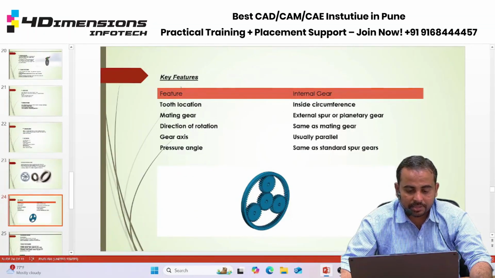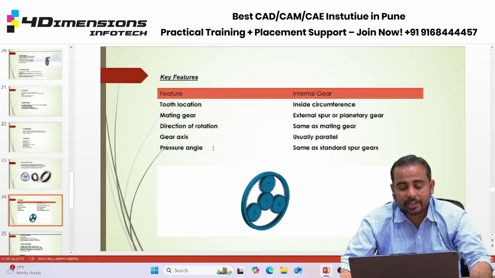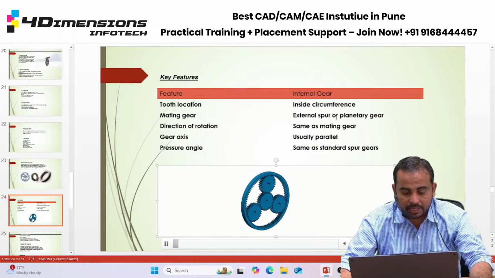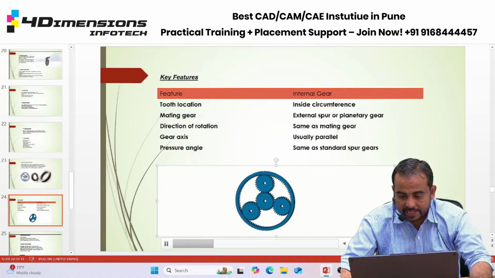Talking about key features, there are some features given here, we'll talk about it. Tooth location: inside circumference, we can see here. We can see in this video how these internal gears will work. So I'll play it. And then we'll talk about tooth location. It is inside the circumference. We can see here mating gears.